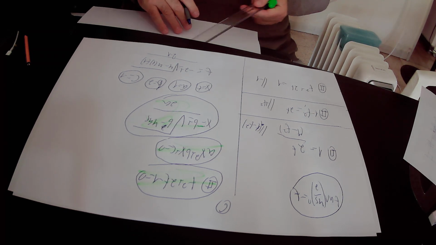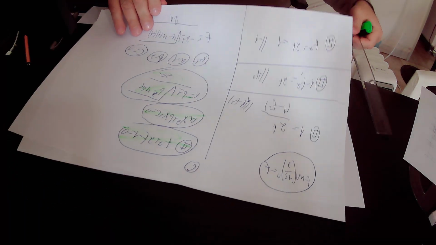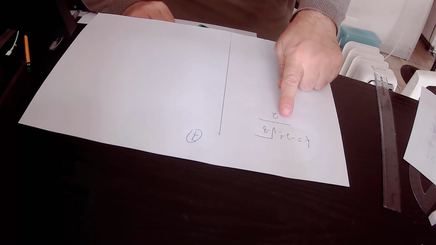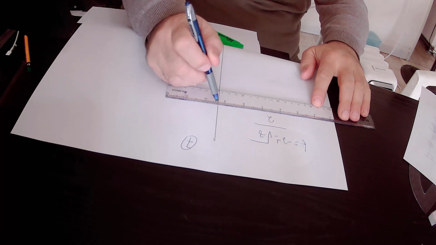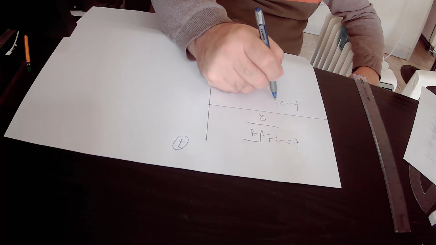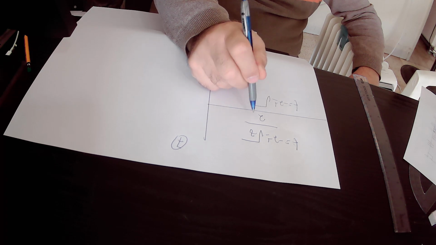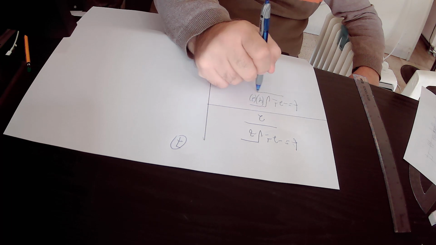In conclusion, we found out that t equals minus 2 plus minus square root of 8 over 2. 8 is 4 times 2, so we substitute 8 by 4 times 2, over 2.